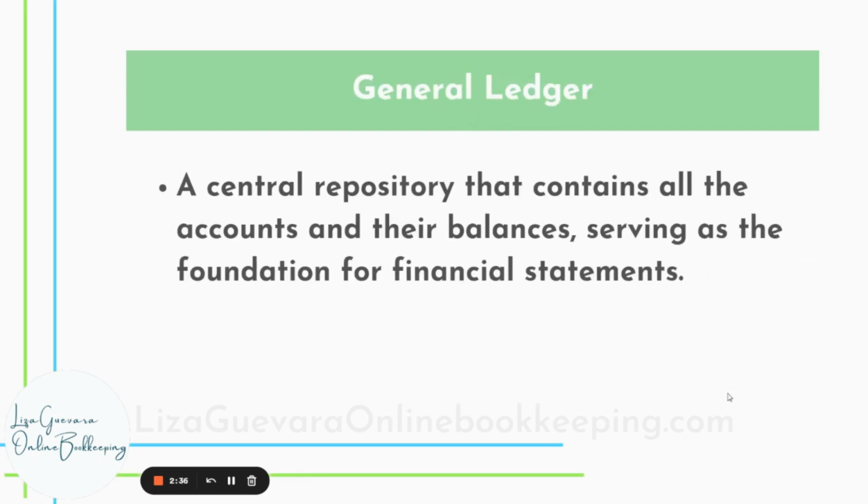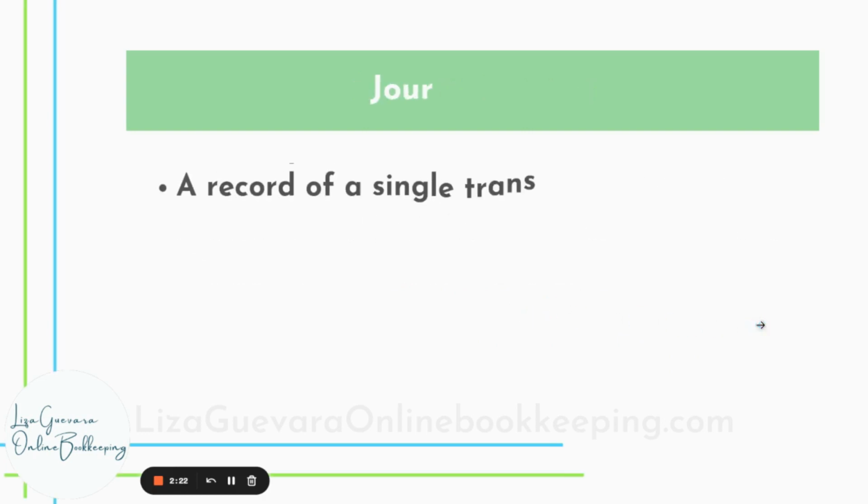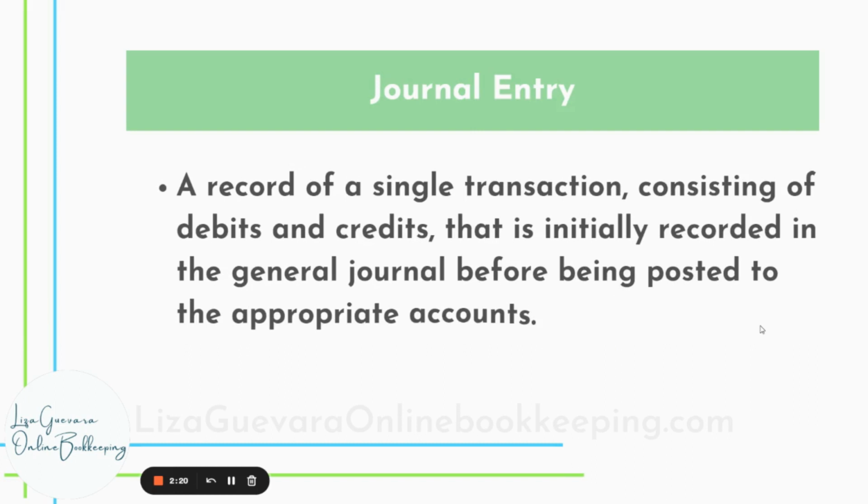The general ledger is a central repository that contains all the accounts and their balances, serving as the foundation for the financial statements. The journal entry is a record of a single transaction consisting of debits and credits that is initially recorded in the general journal before being posted to the appropriate accounts.